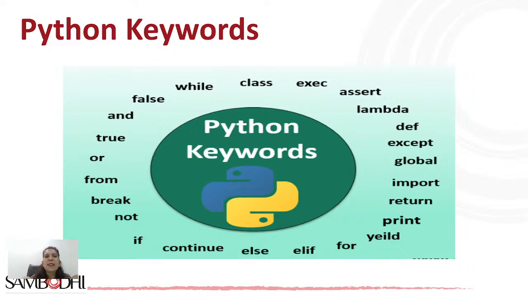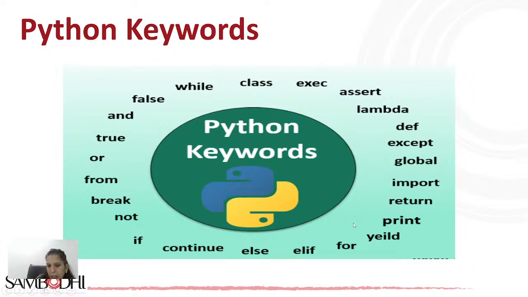That means if you write a variable name which is class, then it will not accept because it is a keyword. If you write assert, it is a keyword. You have to write either class1 or capital C or something like that.